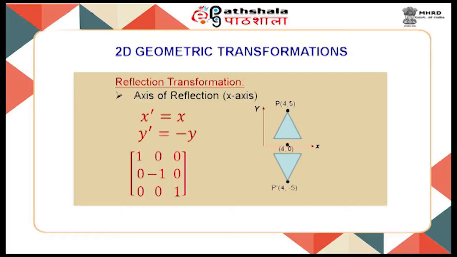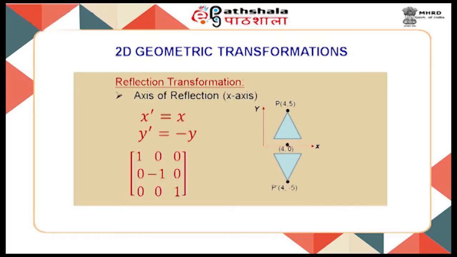When we perform a reflection for this point with respect to the x axis, we get a new position P dashed (4, minus 5). If you observe carefully, the x coordinate is the same, 4 and 4, while the y coordinate is negated in sign. It is 5 here and minus 5 here.